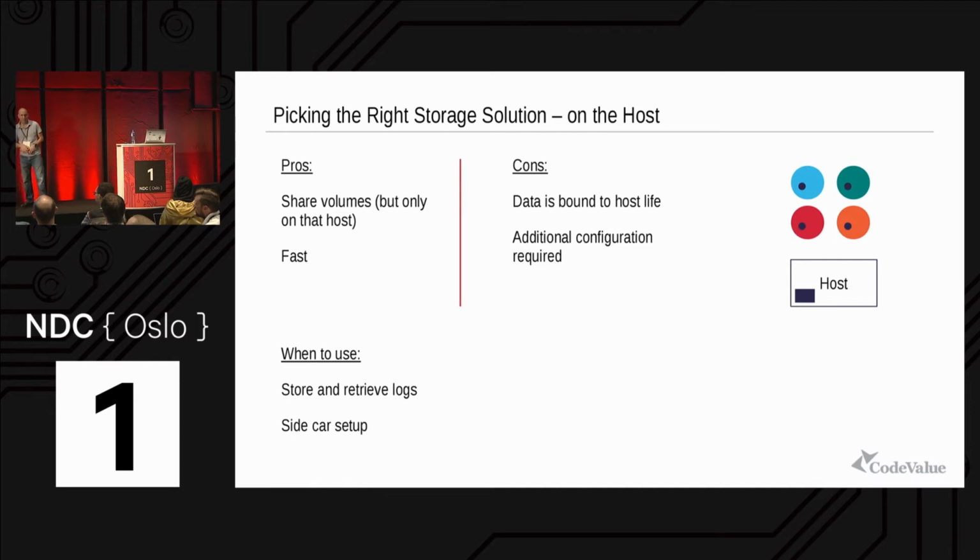Sidecar setup basically means I have two containers, okay? They are dependent on one another. One of them fetches data, the other of them reads that data, okay? Now, in order to keep that data available for both containers, I can use host storage, okay? So let's say I have an application that reads tweets from Twitter.